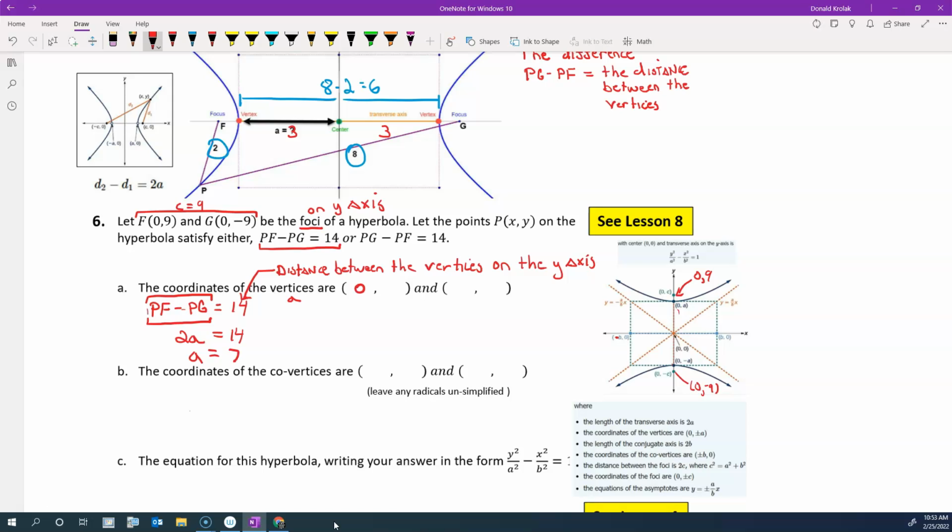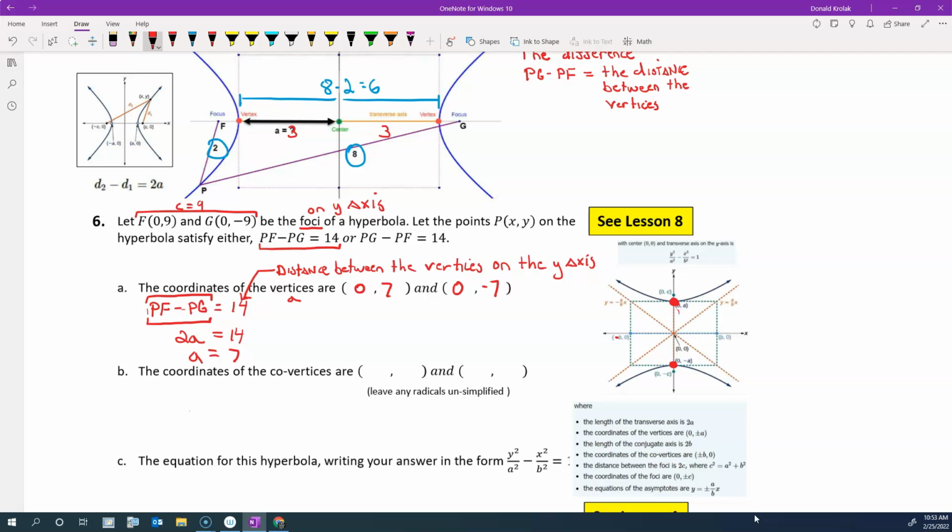One of these is (0, 7), and the other one is (0, -7). Those are the two vertices, that point and that point.